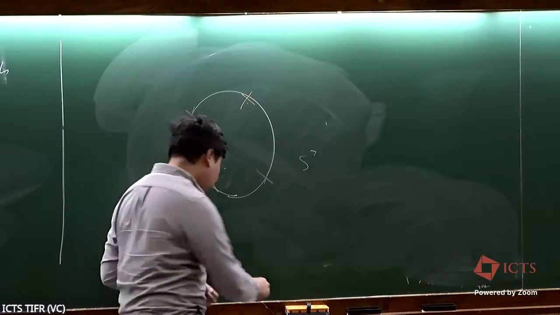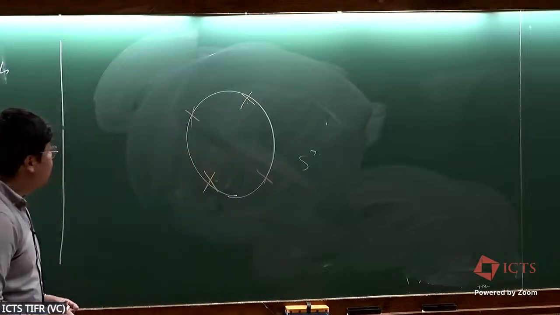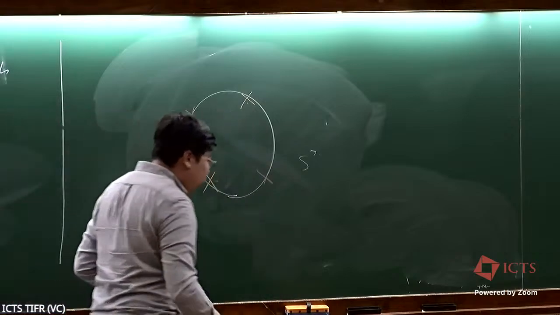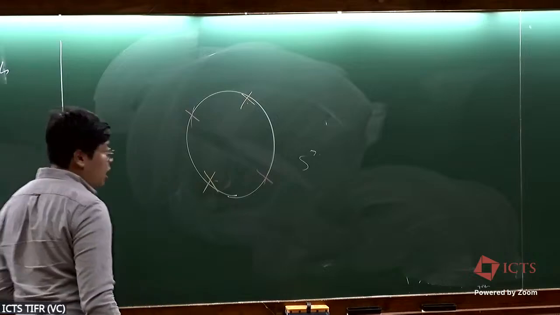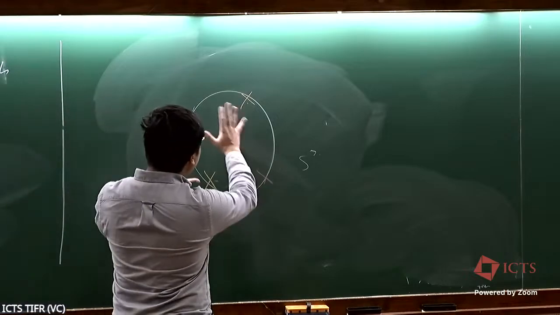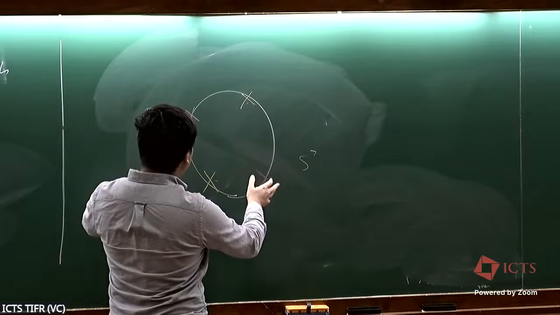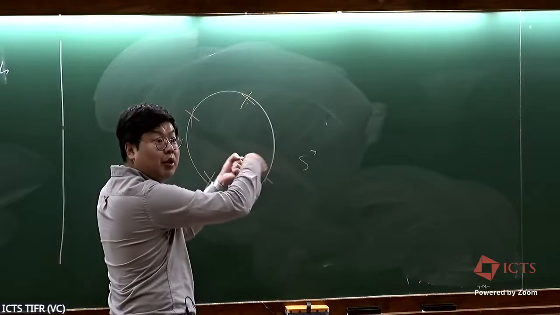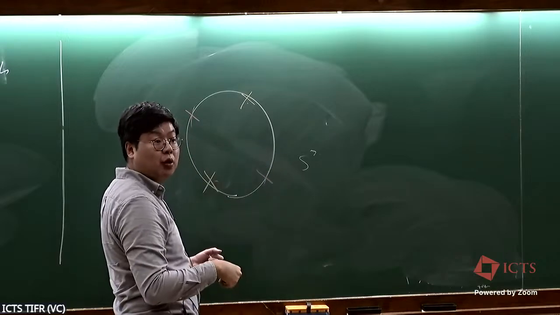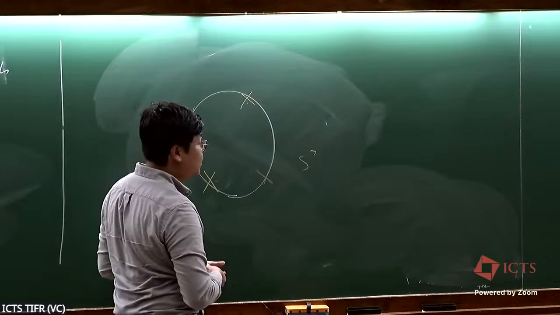Maybe I should say why it doesn't work in even genus. There are symmetries that they choose. If you want even genus, you end up trying to glue two cylinders at the same location, so they can't do even genus examples.